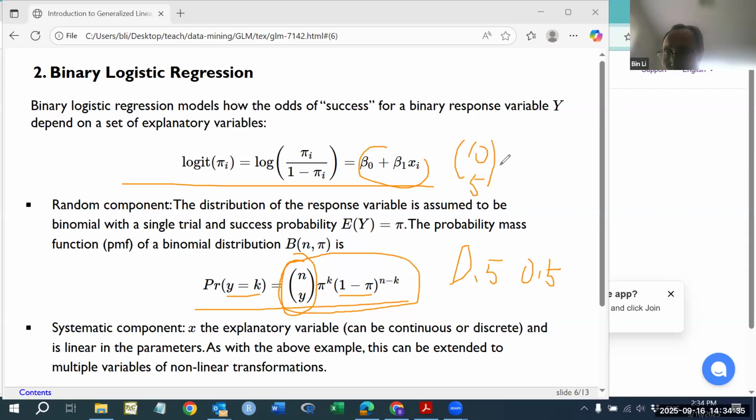So the chance of getting heads is 0.5 to the power of 5, times 1 minus 0.5, the chance of getting tails, to the power of 10 minus the 5 heads. That's just an example of the PMF for the binomial. So this is the random component.